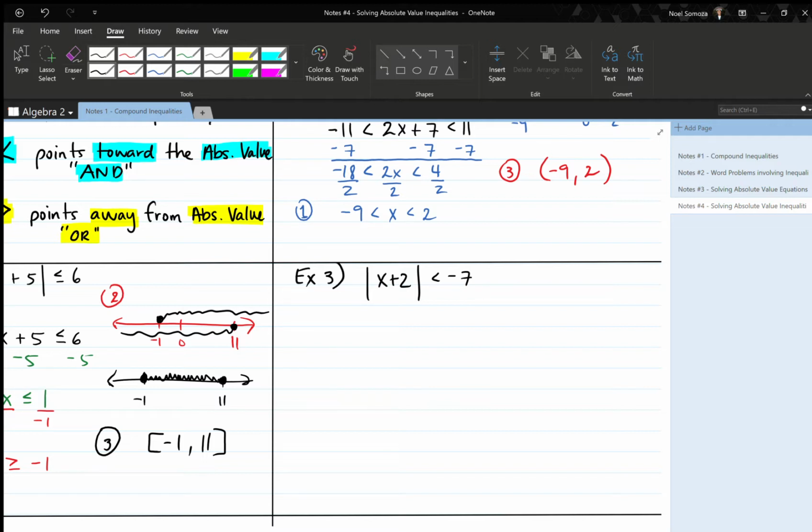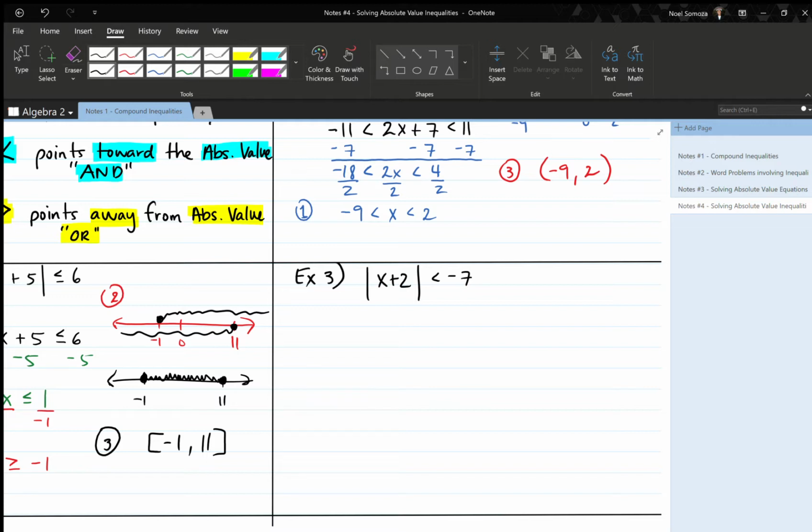Absolute values can only produce positive outputs. Now think about it. I'm asking, what numbers can I plug in so that when I take the absolute value, the output ends up being less than -7? Is that possible? No, right? Right here you've got no solution.